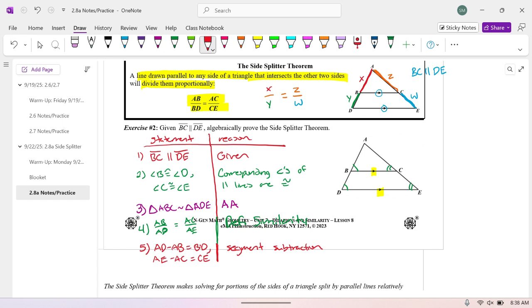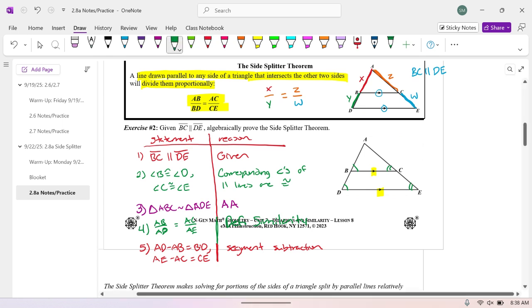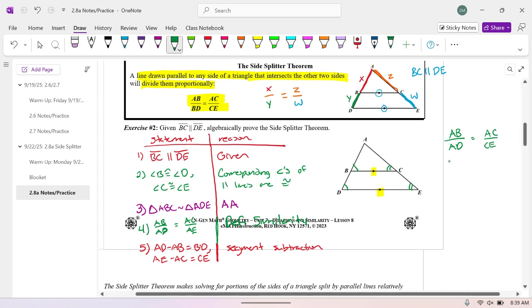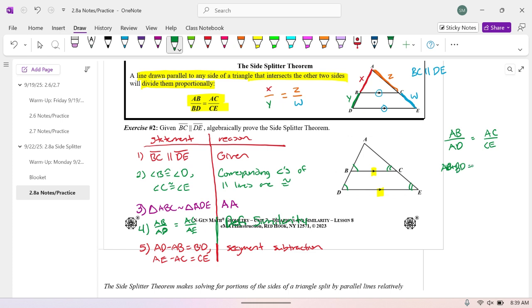So, algebraically speaking, if we know that we have our proportion, and we also know that if we were to subtract them, so let's say we did AB, or we can also say it as addition, AB plus BD is equal to AD.